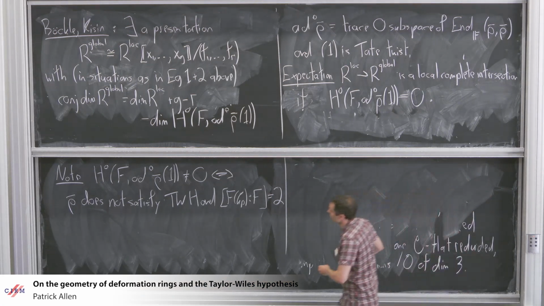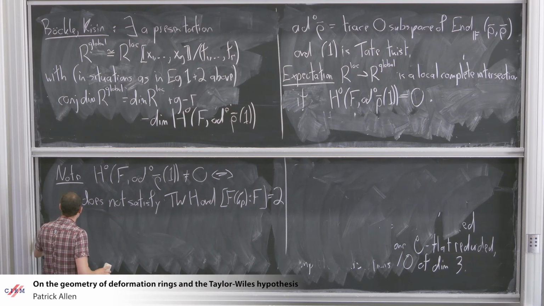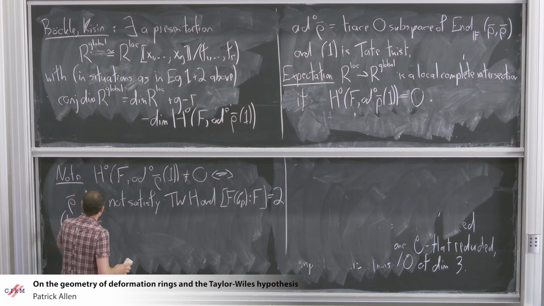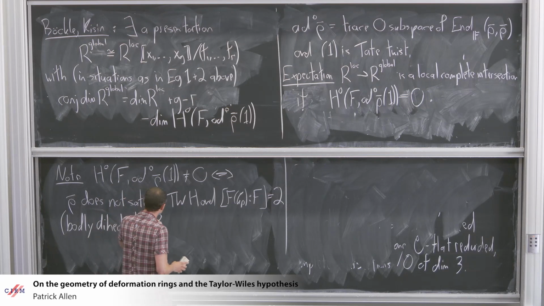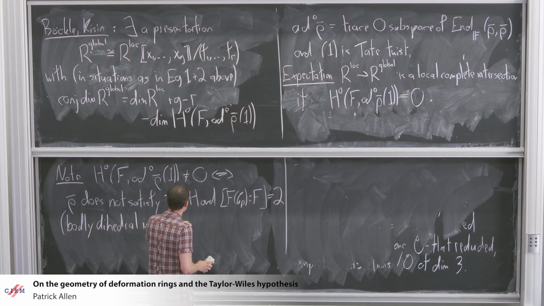Okay, and now that I have extra room right here, I might as well write down: this is what's called badly dihedral in the paper of Buzzard-Diamond-Jarvis.